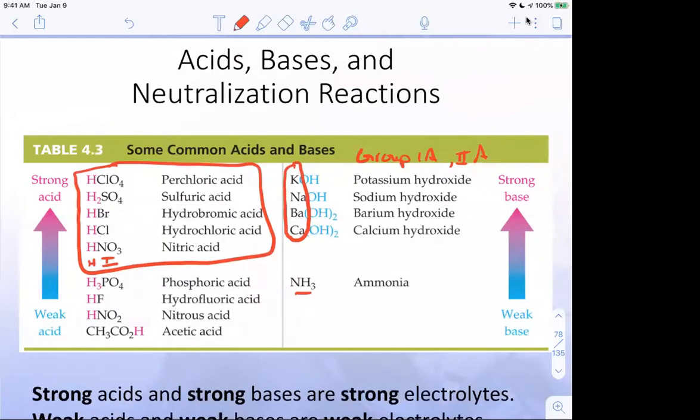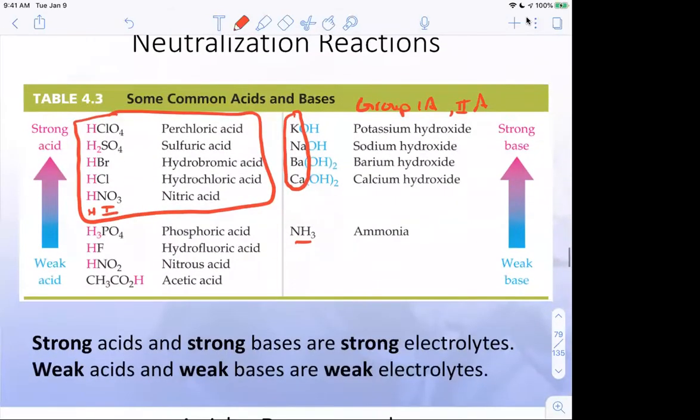So it's a really good idea to look at these different formulas and get a sense of what an acid is and what it isn't, and what a base is and what it isn't, and then put these together, because we will be looking at neutralization reactions and how I predict those products.